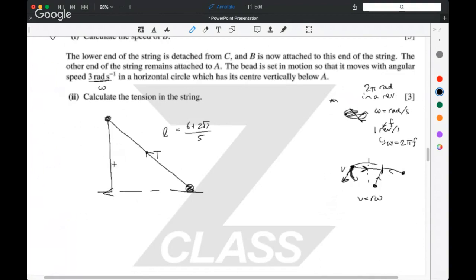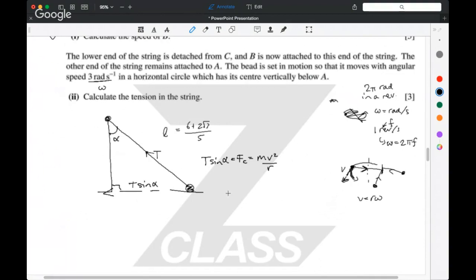Let's call this angle alpha. It's a different angle now. So this is going to be T sine alpha. And we know that T sine alpha is the centripetal force, like the tension in the string when everything was horizontal. Centripetal force is equal to mv squared over r.